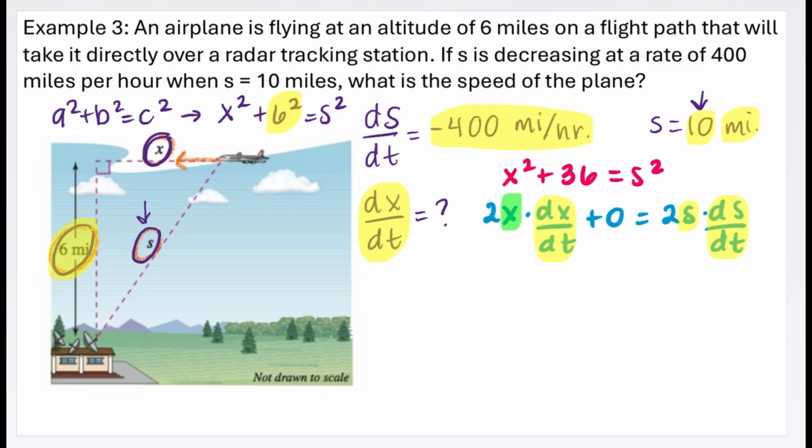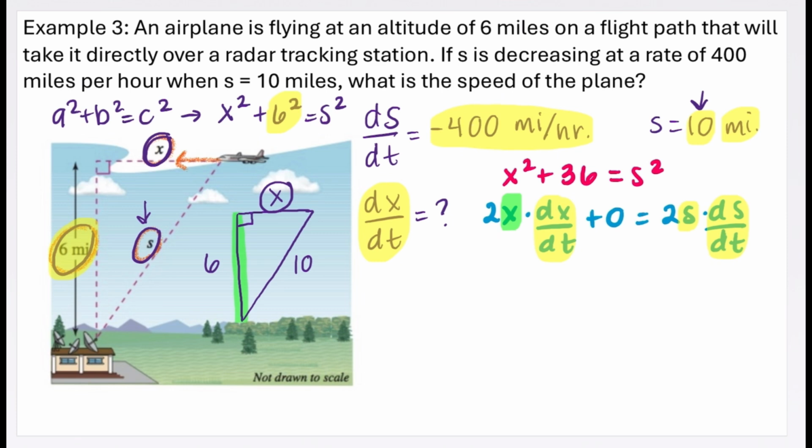So I'm going to draw a little picture right here over to the side. Okay, so we're talking about the moment in time when s is 10. This is still going to be 6. And I'm trying to figure out what x is going to be at that particular moment in time. So I'm going to use the Pythagorean theorem, not the one that I've taken the derivative of, but the original one.